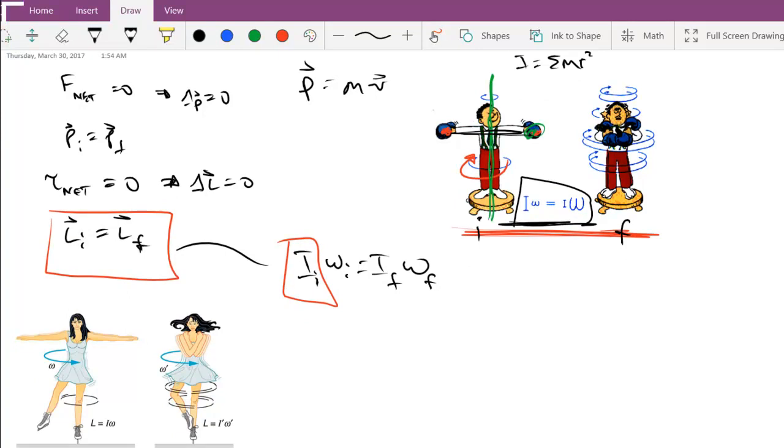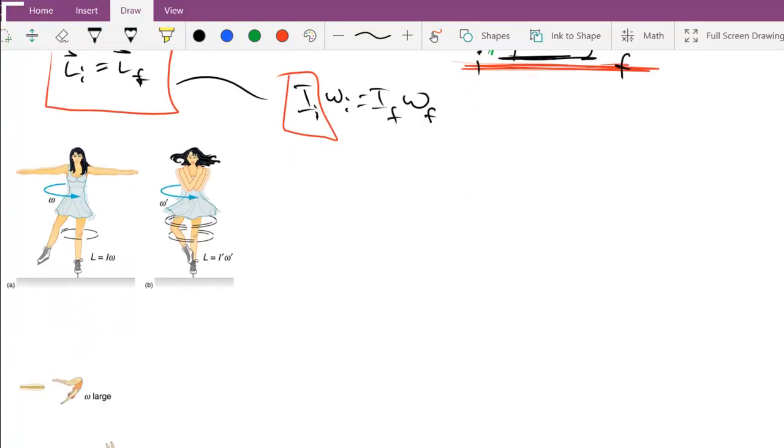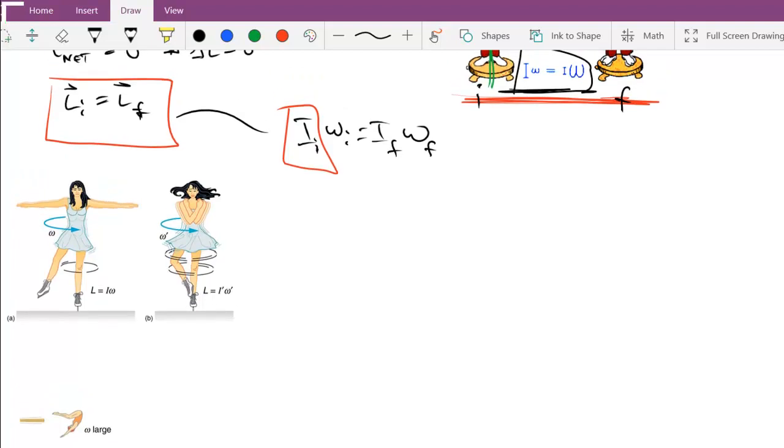Some cases we might have seen just in day-to-day life. If you ever watched any figure skating, you have a figure skater rotating maybe about an axis through one of her legs. So she's rotating around like this, and she has some omega, and some rotational inertia associated with how her mass is distributed, so she has some initial angular momentum.